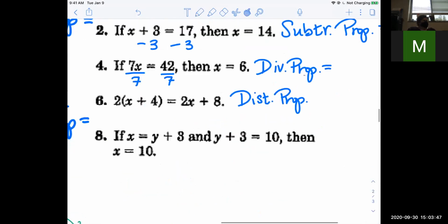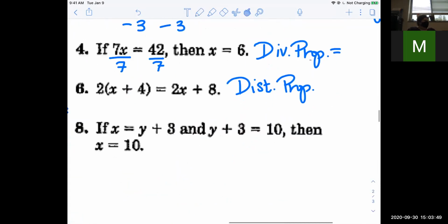And then Diamond wants to do the last one. I think that... Okay, why? Tell me why it's substitution.